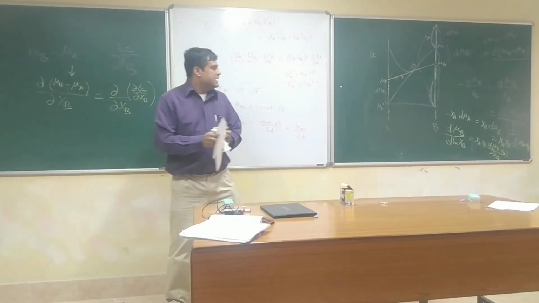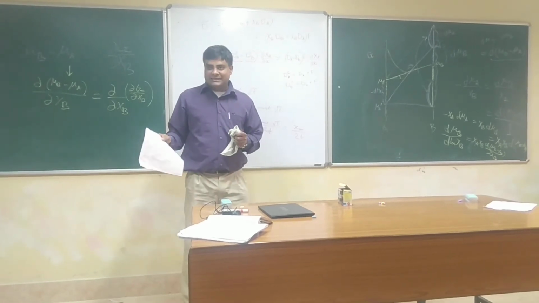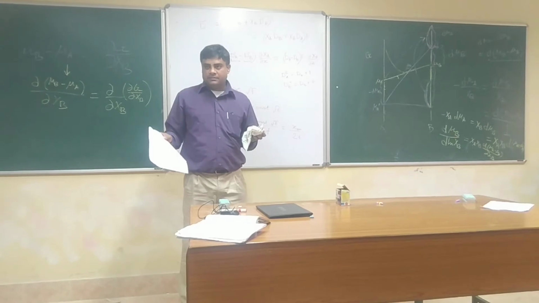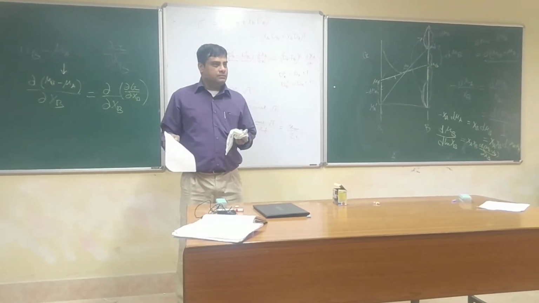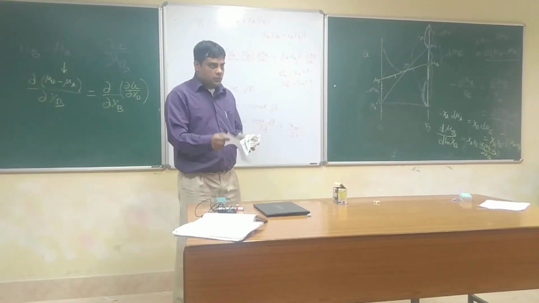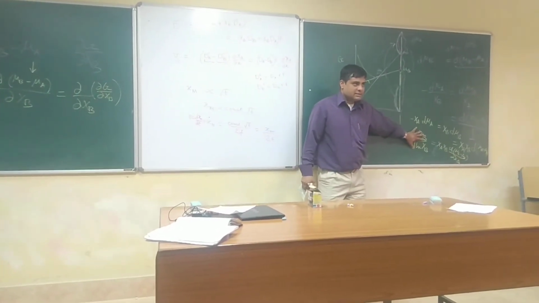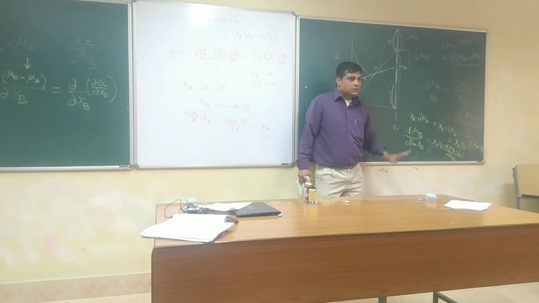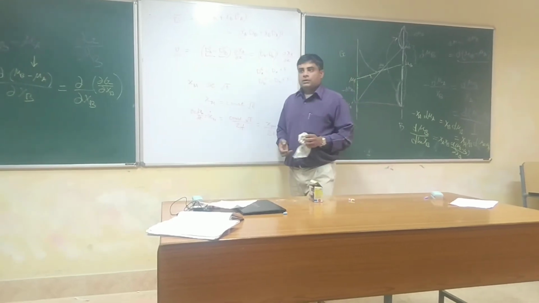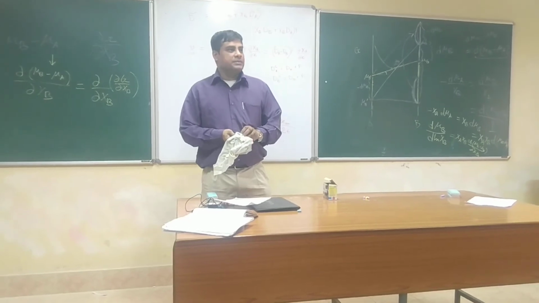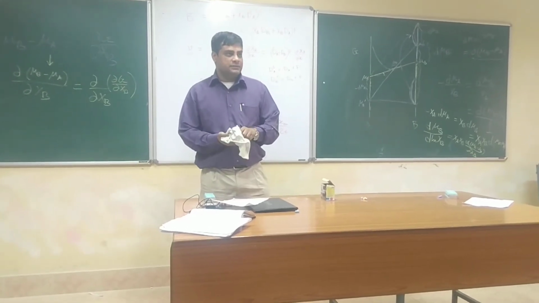Similarly, d mu a over d ln xa is equal to xa xb multiplied by the curvature, and they are equal. So what we are finding is that our thermodynamic factor is related to the curvature of the Gibbs free energy versus composition curve.